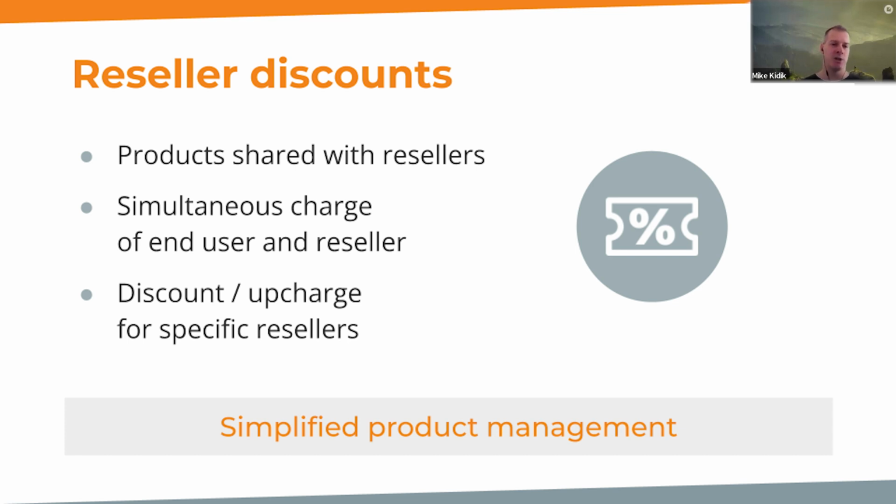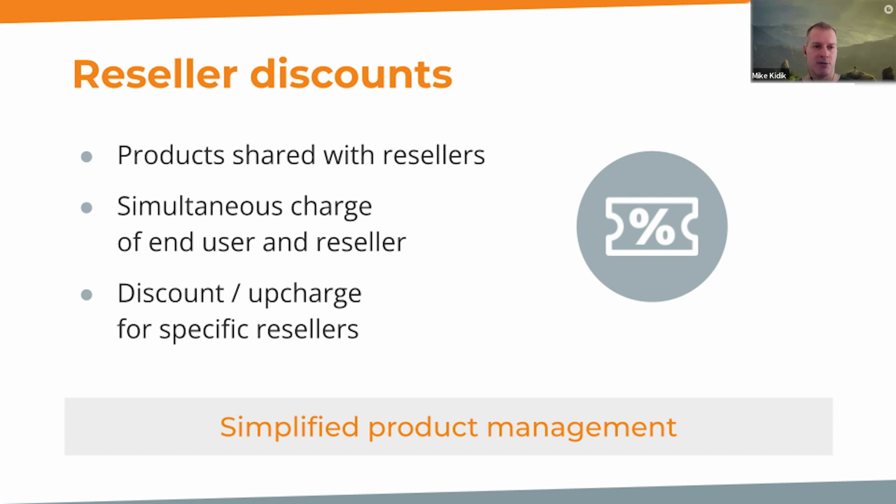So basically, when we introduced this model, we also allowed these products that are shared with resellers to include a pair of subscriptions, which means there is obviously a subscription to charge the end user, the customer of the reseller, but you can also include a subscription to charge the reseller. And this is designed for one particular purpose. Back in the old days, everything was charged per minute.